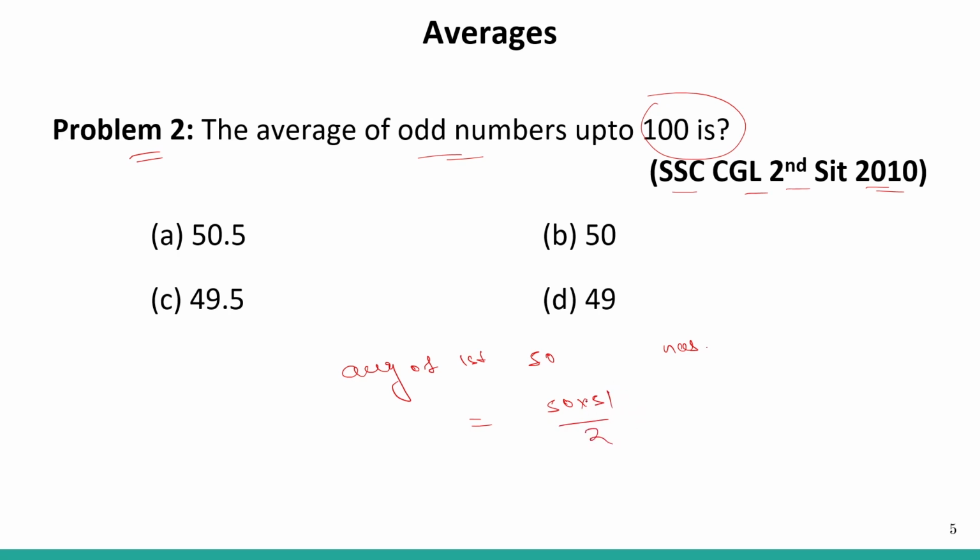Note this is not the average, this is the sum of the first 50 numbers. This is equal to 25 into 51.